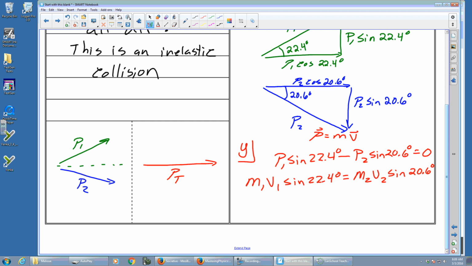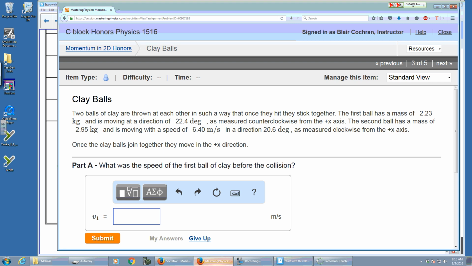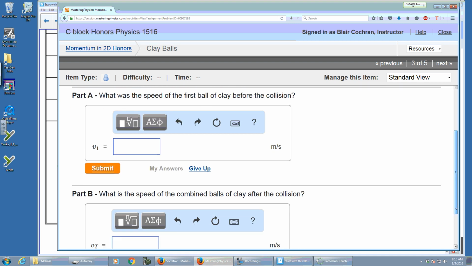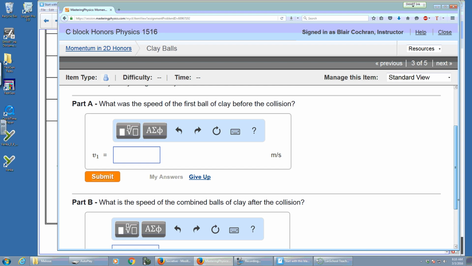Oh, what do I know in here? I think I know mass 1. Let's see. Mass 1, yep, 2.23 kilograms. I don't know speed 1. Oh, that's what they're asking me for, though. That's convenient. And then let's see. What else do they want to know? The speed of the combined mass after. Okay.